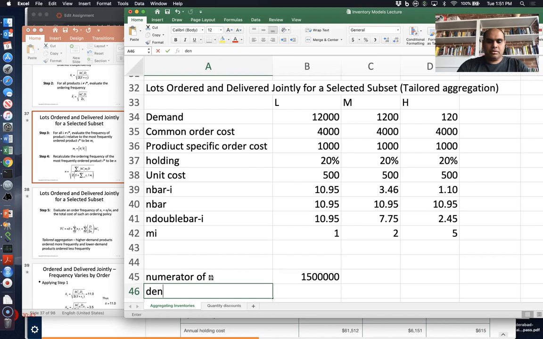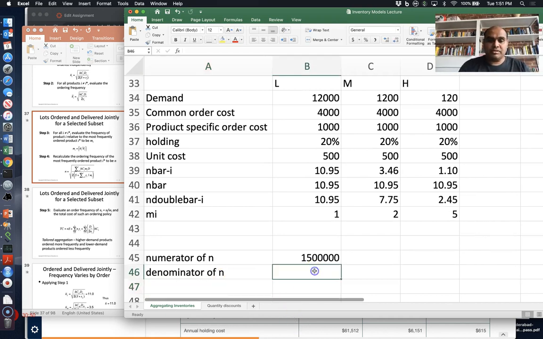And then the denominator of n is also complex in a formula.